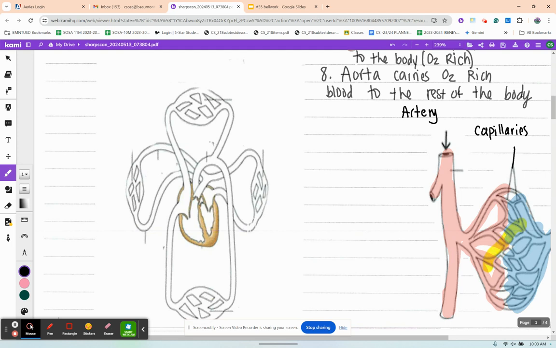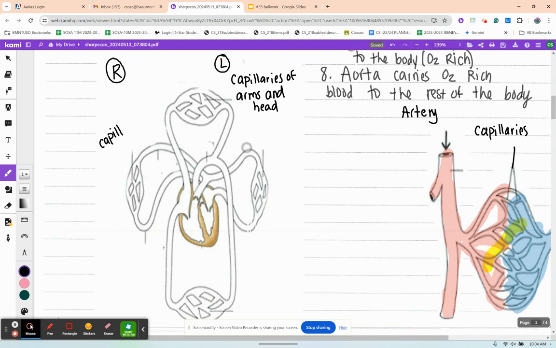At the very top, I have my capillaries from my arms and head. And here I have my capillaries of my right lung, because this is the right side of our body and this is the left, even for the heart.